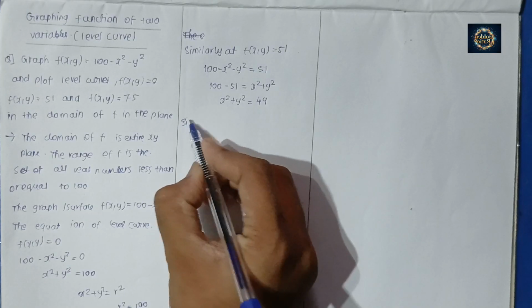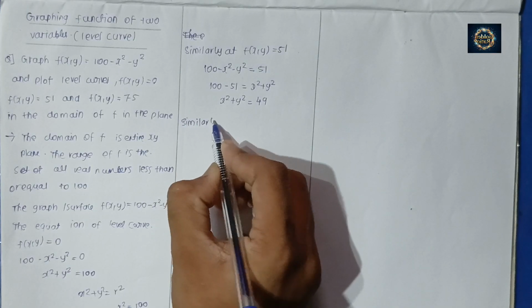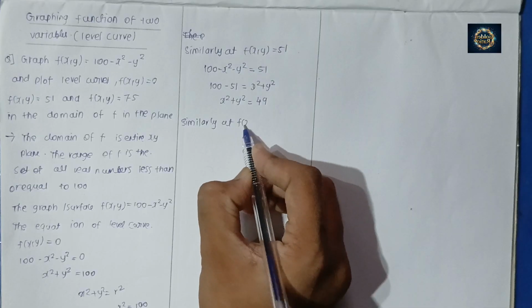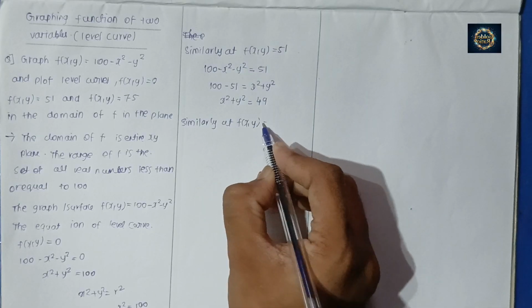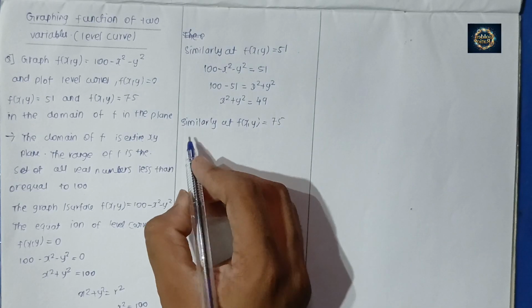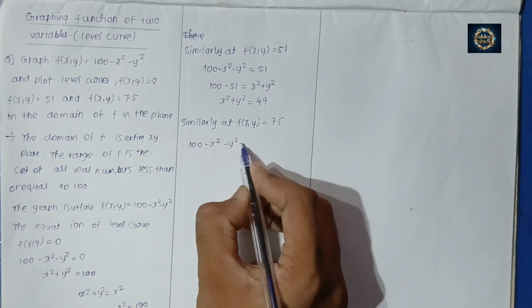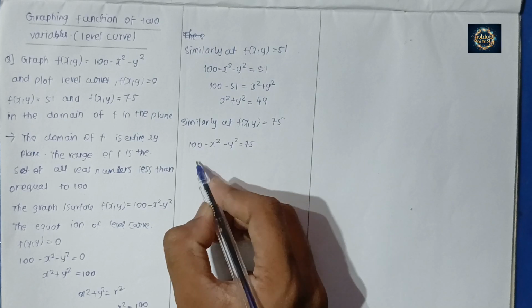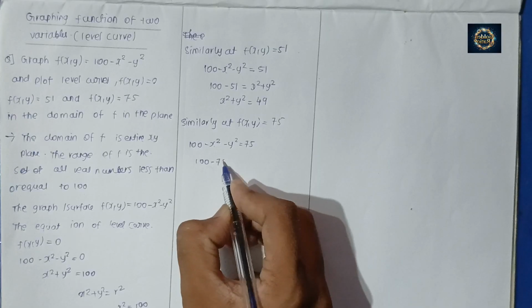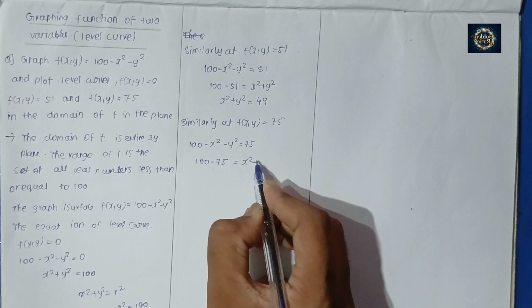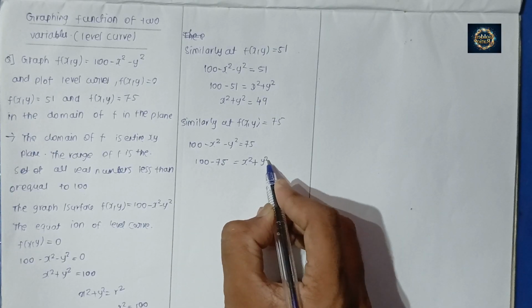Similarly, at f of x comma y equal to 75, it will be 100 minus x square minus y square equal to 75. I will take 75 to this side and shift x square and y square to that side.